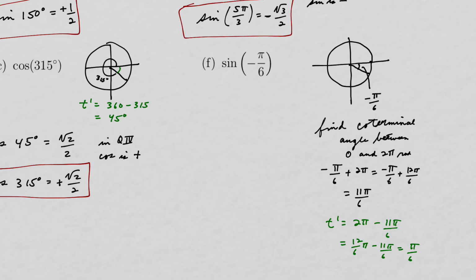Okay, so since I rotated clockwise, negative pi over 6, the reference angle is just the angle that the terminal side makes with the x-axis, which is just pi over 6. Okay, so now we can say that sine of negative pi over 6 is the same as sine of pi over 6. Right, it's the same as the reference angle.